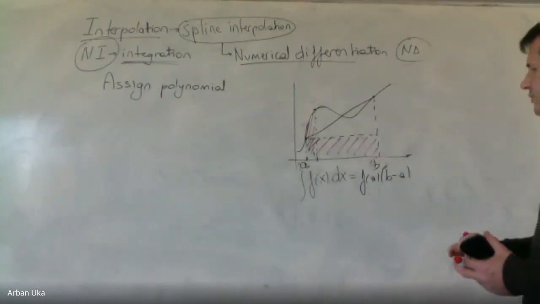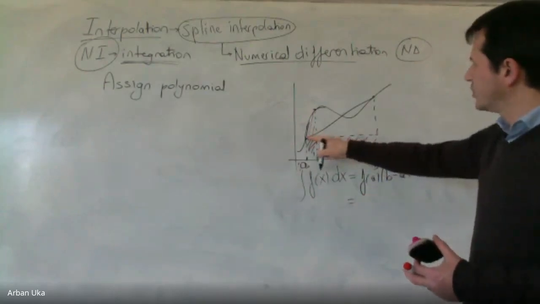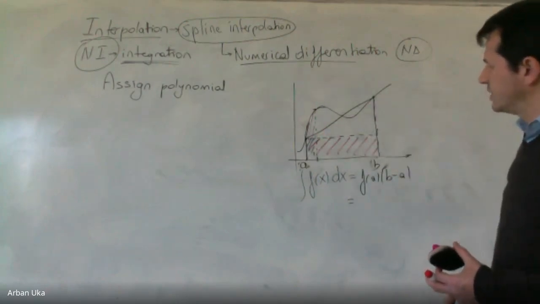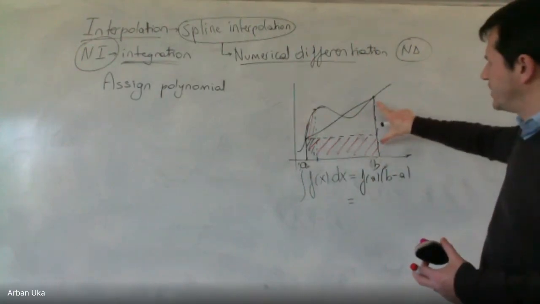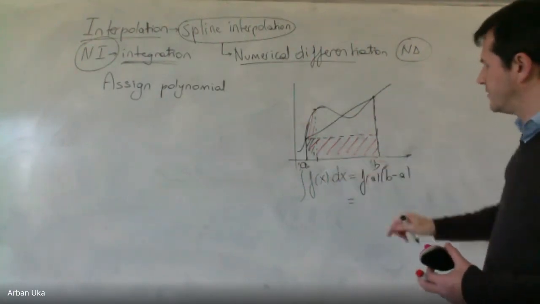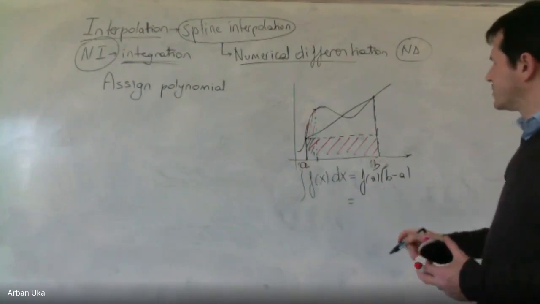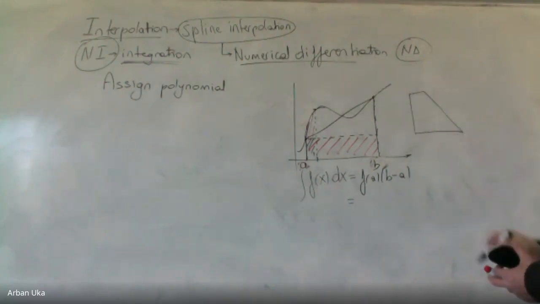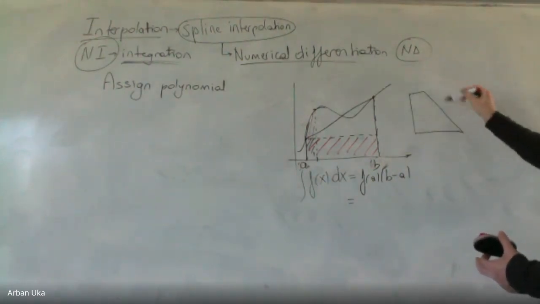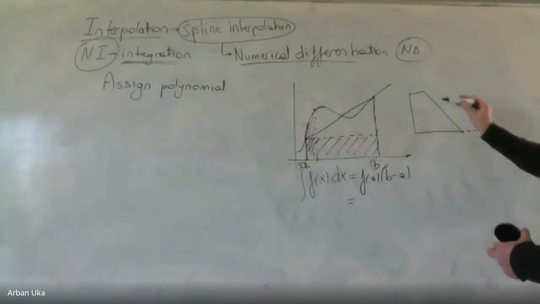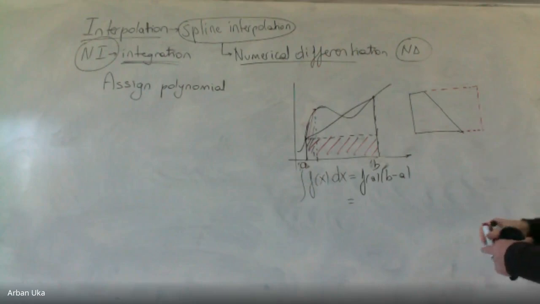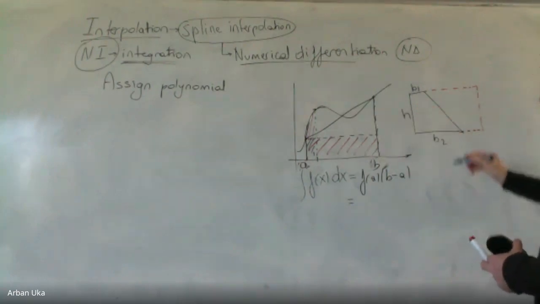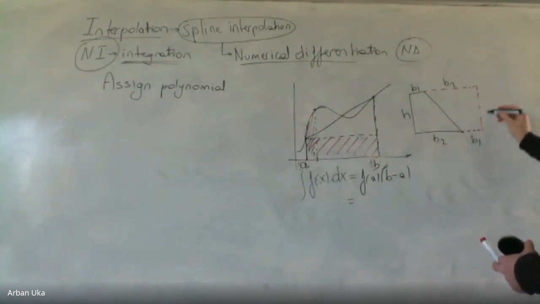Then the next approximation could be the following. We draw a straight line here, and then the area of this trapezoid, we know, is the small base plus the large base times the height divided by 2. So we assume the trapezoids stand like this. How is the area of this trapezoid? We can assign base 1, base 2, and the height.